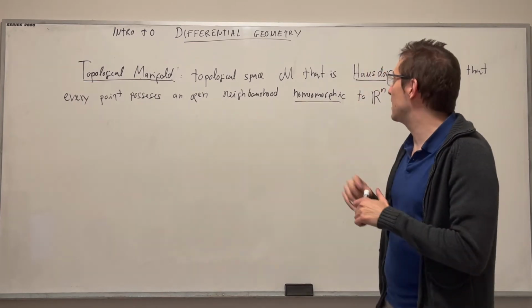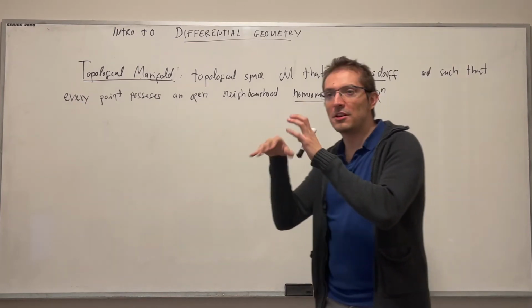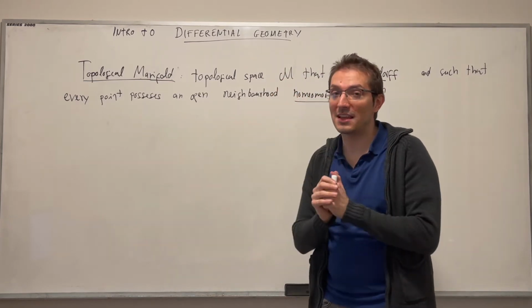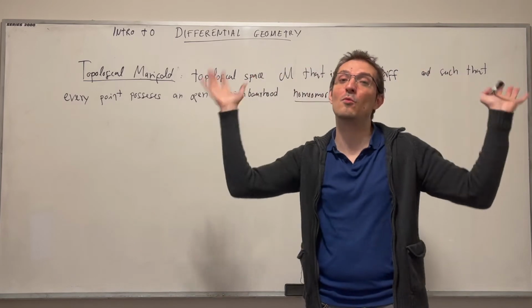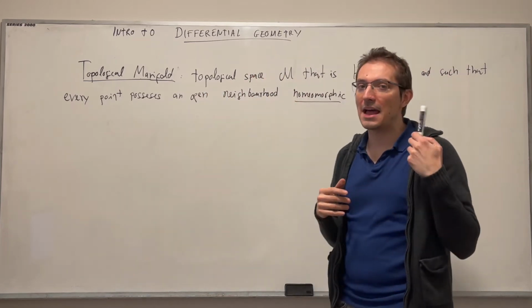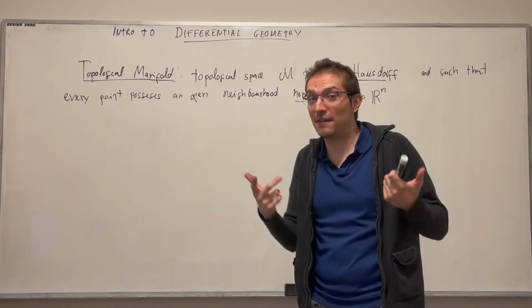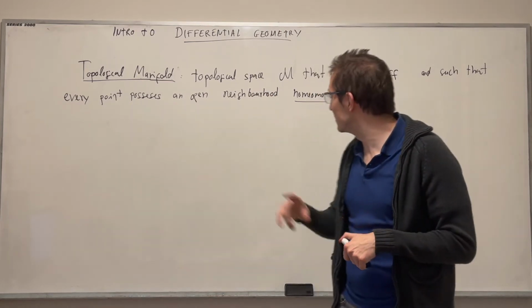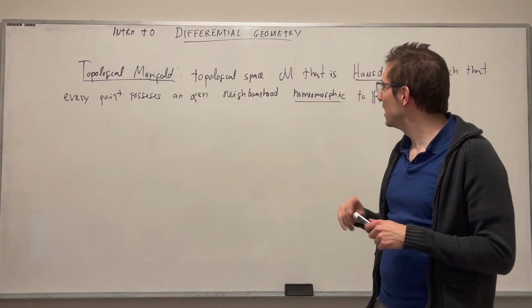So for every point of the set, there is an open set around it, maybe not a big one, but maybe a small one, and there is at least some map that I can define that will be bijective, and the map and the inverse are both continuous. That's what it means to be homeomorphic to Rn.